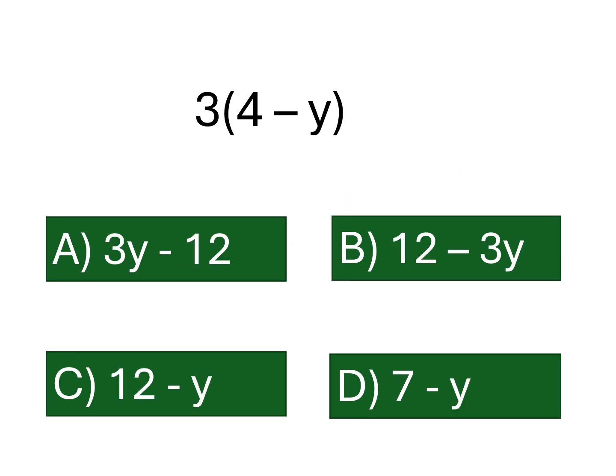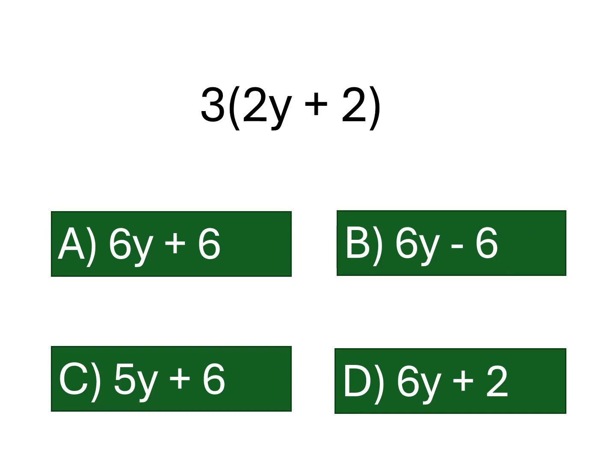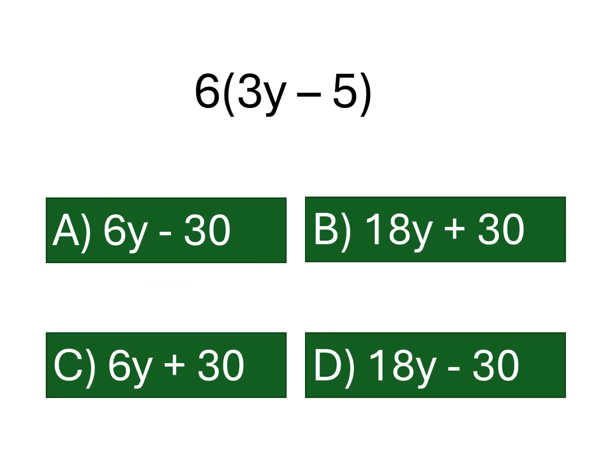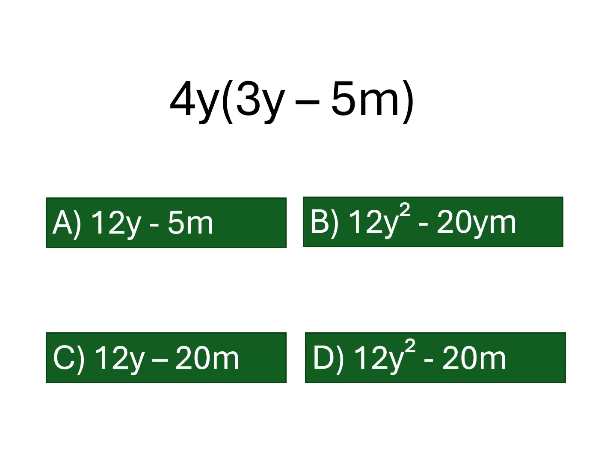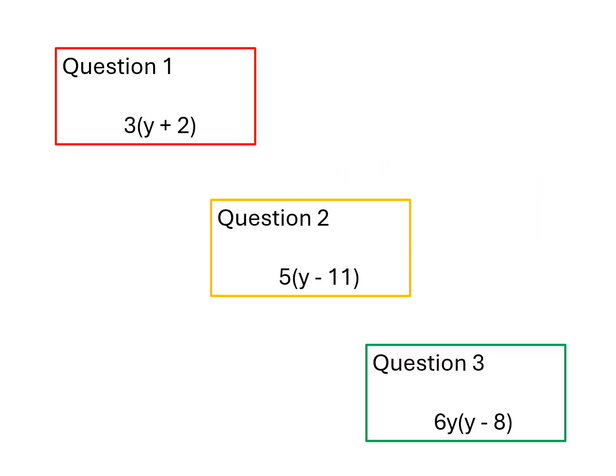Get this one. Nice. Let's go. Lovely. All right. Yes. Okay. All right. You're getting it. We're getting there. Look at you. Understand. These are just some examples. Do it on your own.